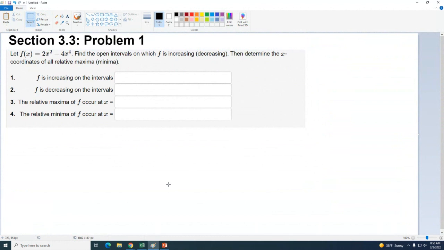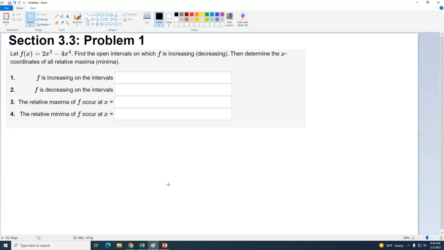Okay, so the question says we want to find the open interval where the function f is increasing. Then determine the coordinate of the relative maximum or minimum. So the first is the interval where it's increasing, the second is the interval where it's decreasing.